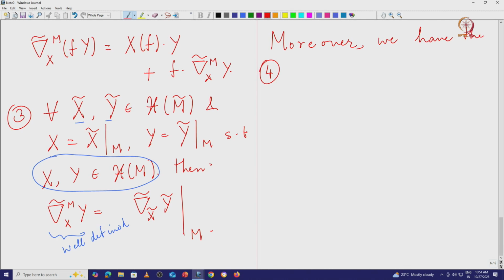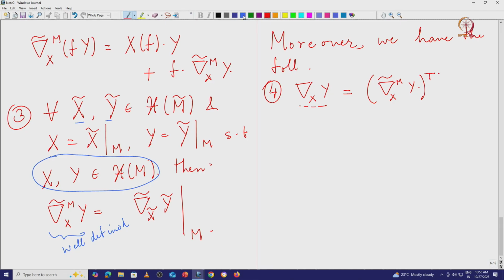So, the first three properties are enough to define a unique operator, but then we will have the additional following properties, that if you take the Levi-Civita connection, the covariant derivative of y in the direction of x, then that is simply obtained by applying this new operator to these. Now, this will give you a vector field of M tilde restricted to M. So, in order to get something that is a vector field on M, you basically take the tangential projection.